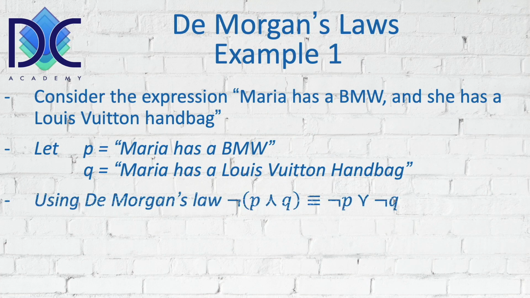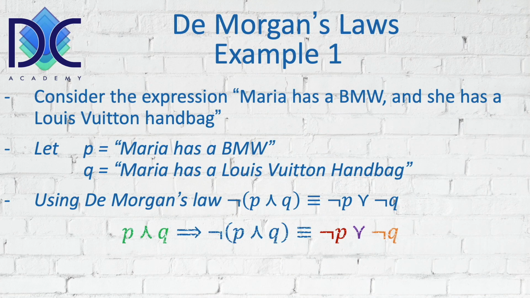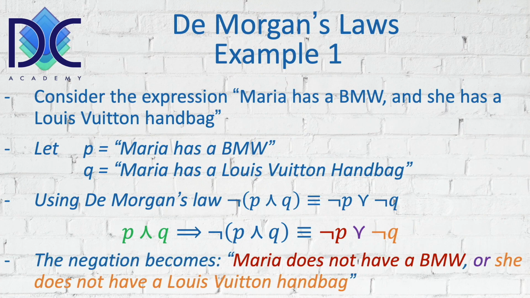Now, with the first De Morgan law, we can say not (P and Q) is equivalent with not P or not Q. So when we have P and Q, we can negate it, and we can write it as the equivalence that we have not P or not Q. And then the negation becomes: Maria does not have a BMW, or she does not have a Louis Vuitton handbag.